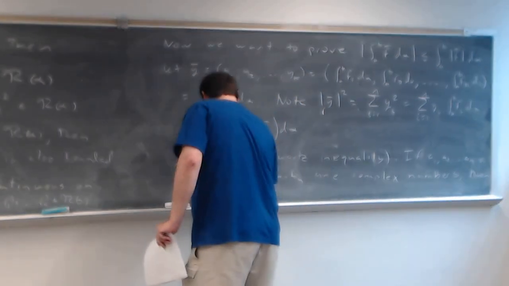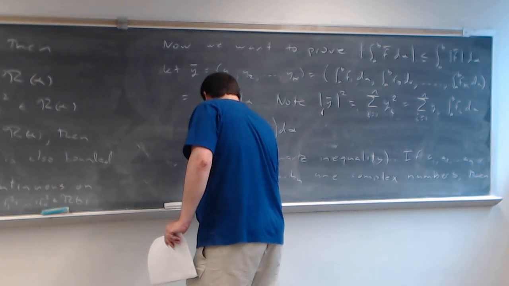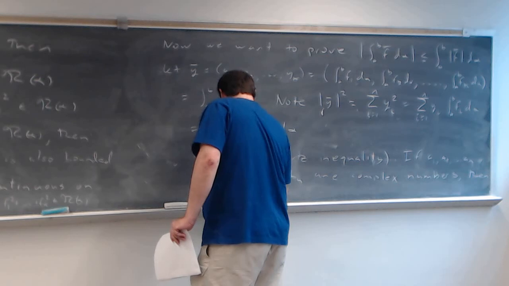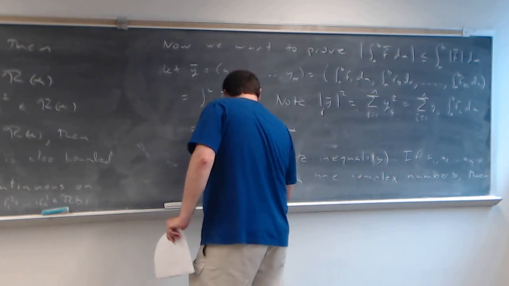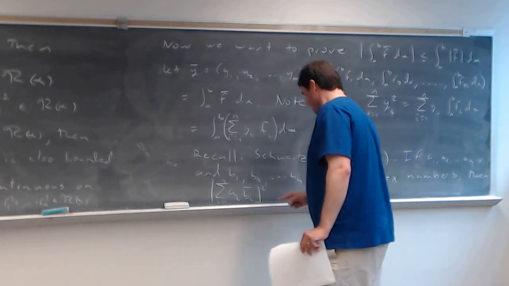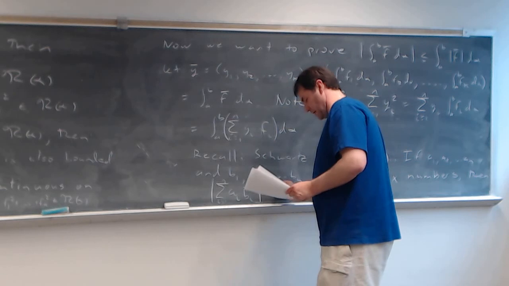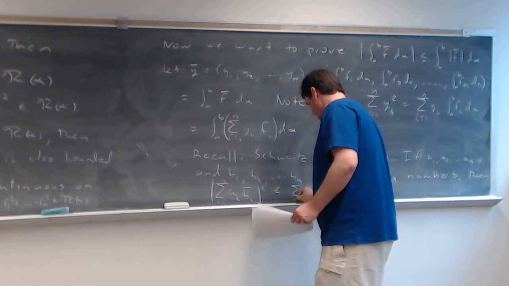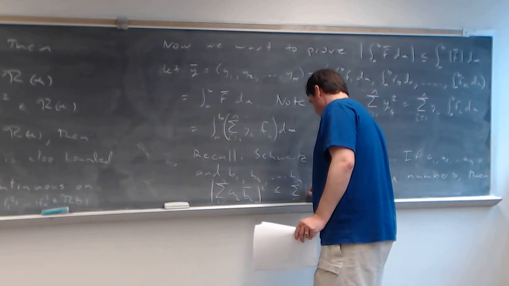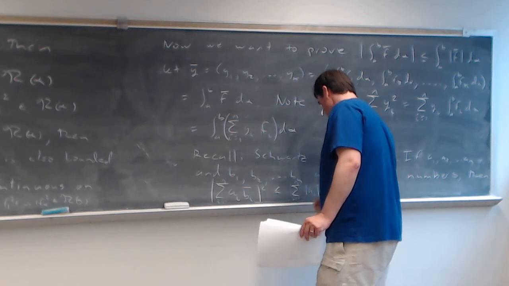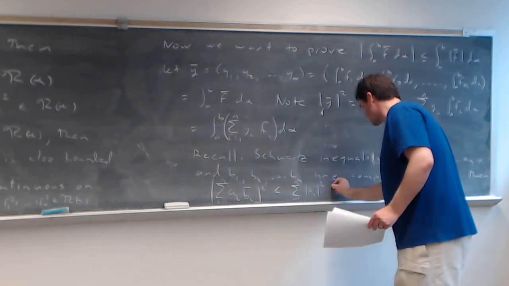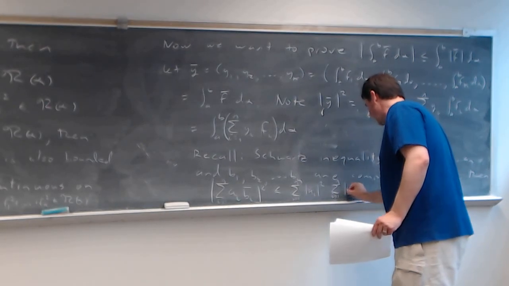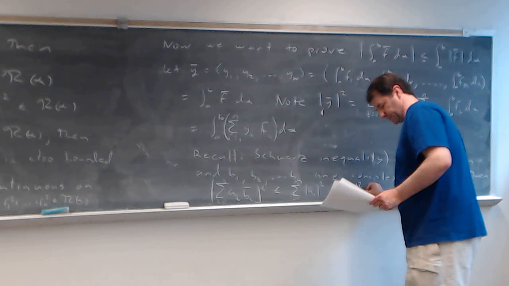That is that the sum, as i runs from 1 to n, of a sub i times b sub i conjugate, inside absolute values, or norm here, squared, is less than or equal to the sum as i runs from 1 to n of the norm of a sub i squared times the sum as i runs from 1 to n of the b sub i's squared.